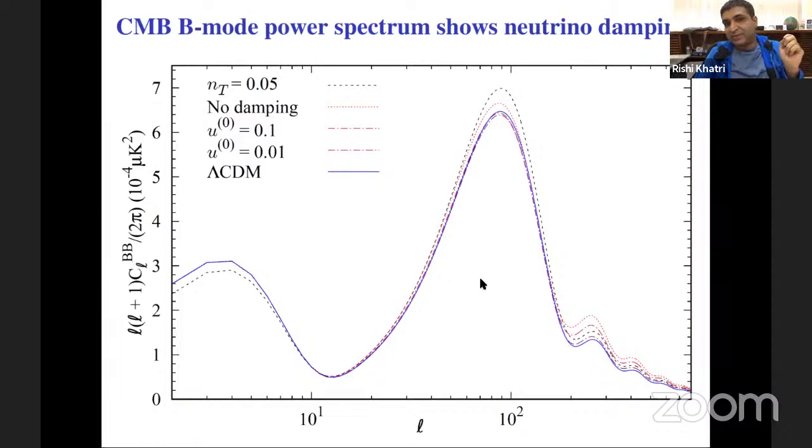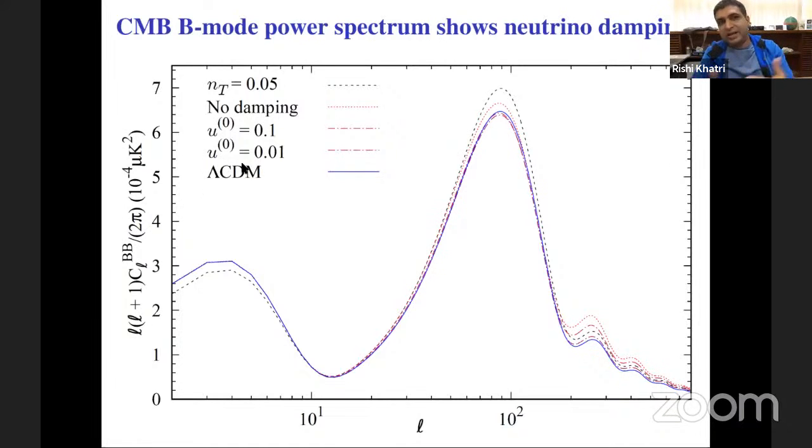This enhancement is more dramatic the higher in L that you go. There are other curves also, which I will talk about later. These are obtained by introducing some interactions between neutrinos and something else, in this case dark matter, and these u zeros are just the strength of this interaction. And you see that on small scales, again, you have enhancement.